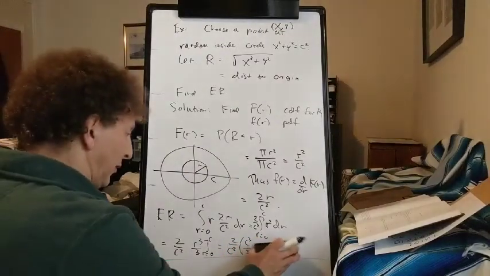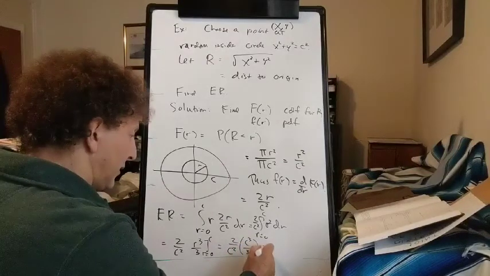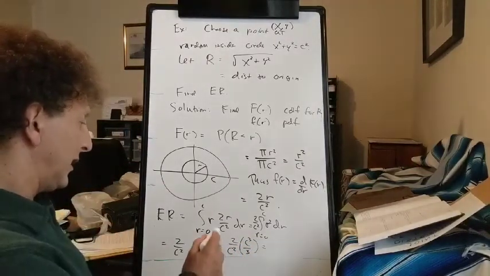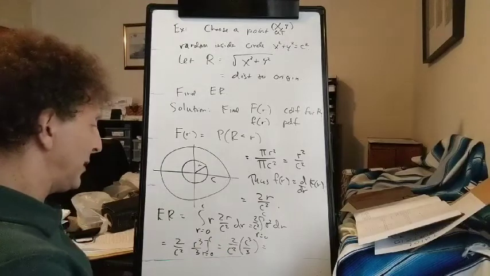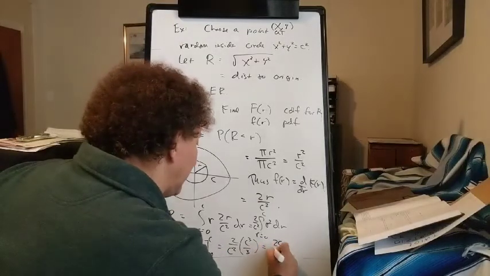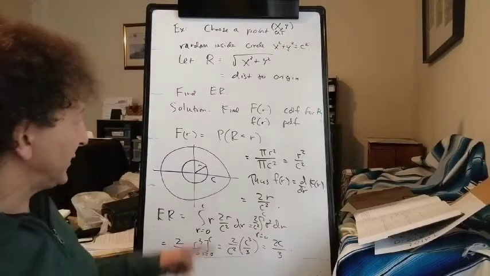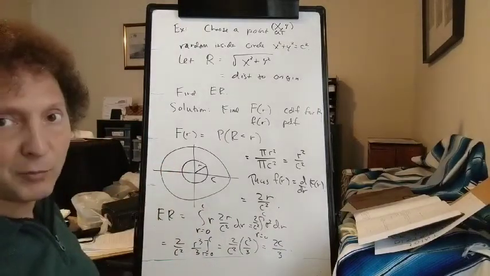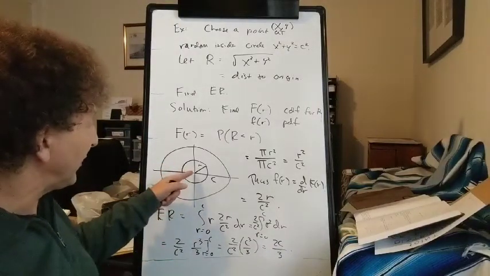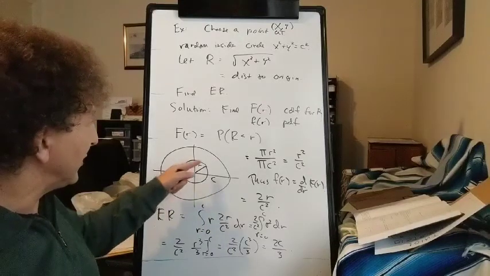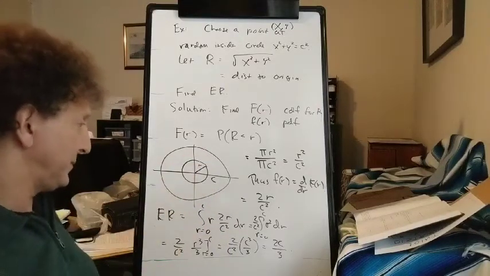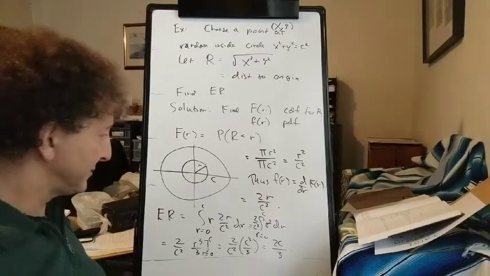So just c cubed over 3. Canceling c squared from the numerator and denominator, that leaves us with 2c over 3. So I guess we expect the randomly chosen point to be 2/3 of the distance from the origin to the bigger circle. The end.